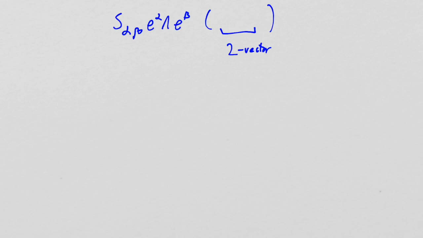We're going to feed it T mu nu E mu wedge E nu. And that will give us a real number. And it actually gives us a scalar, right? It's literally the dual space of this. So we're expecting it to give us a real number.